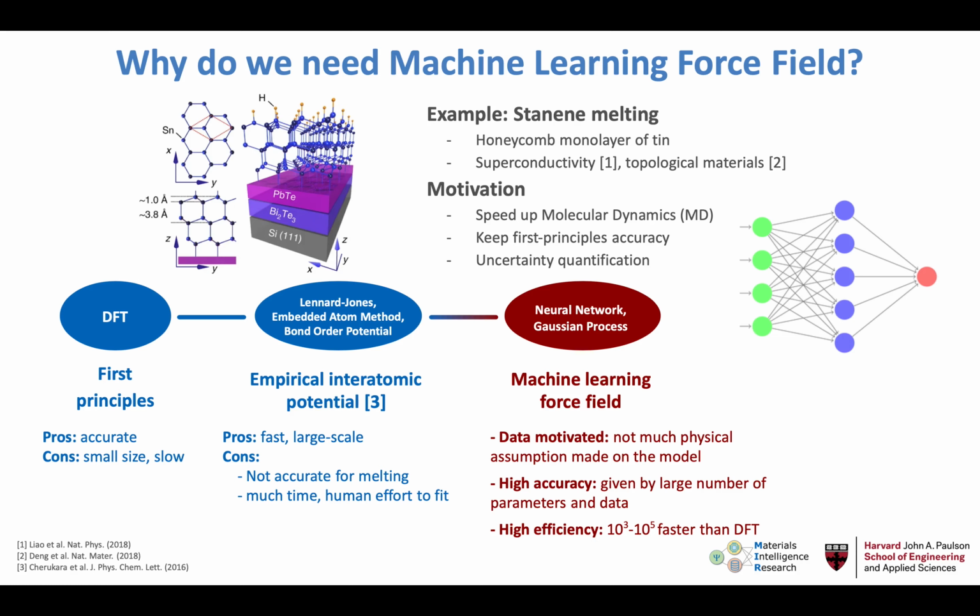And we want to note here that usually those approaches are several orders of magnitude faster than density functional theory, so we can run very large-scale simulations with the machine learning force field. In addition, we also desire uncertainty quantification, so that we can tell how confident our model is when we make the prediction of the forces.